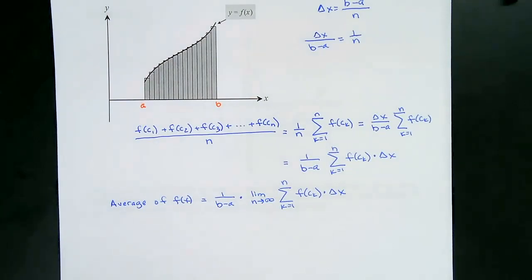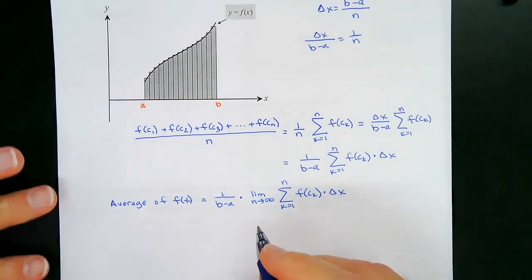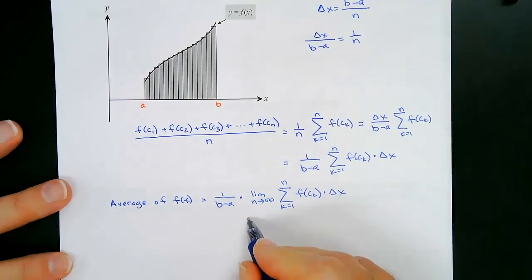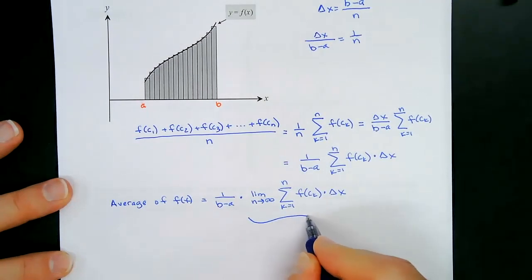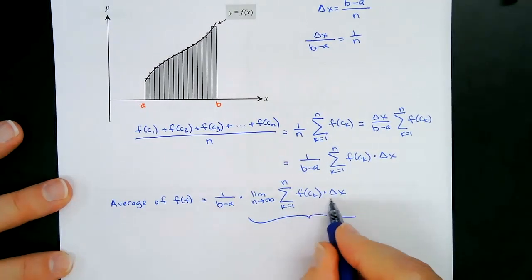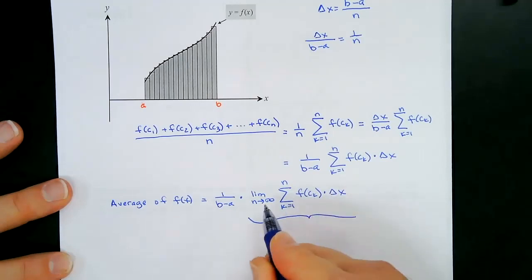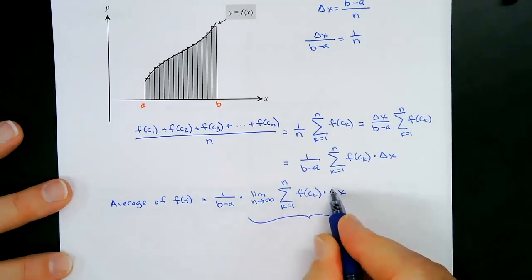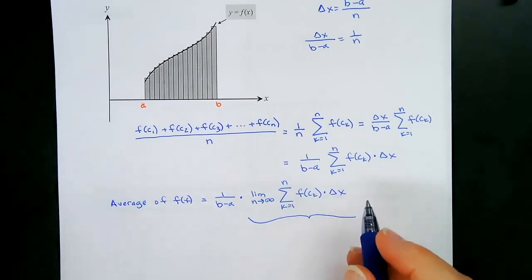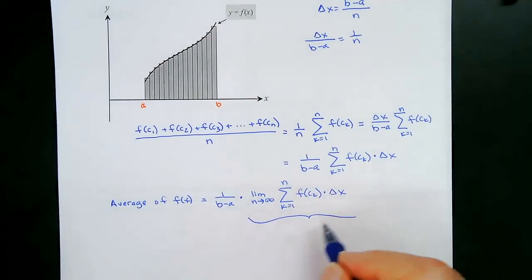Does any of this look familiar? It should, and here's where the integral comes in. We should be recognizing this. This is the area of a rectangle. These are all my heights. These are all my widths. Since n is going to infinity, this delta x is becoming my dx. This is an integral.